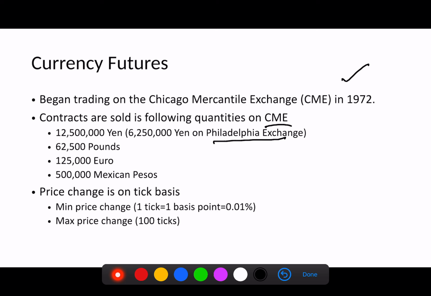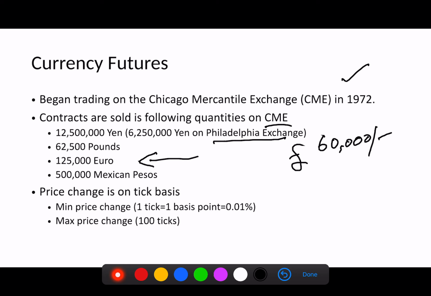Now, just to clarify on the same slide, what does the contract size mean? If you have 60,000 pounds and you are expecting to receive them after 3 months, and you are a Canadian businessman, you might need to sell these pounds.